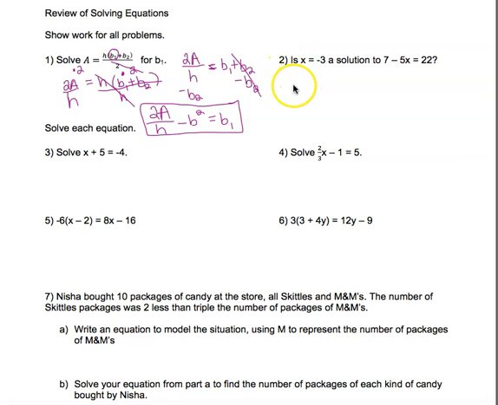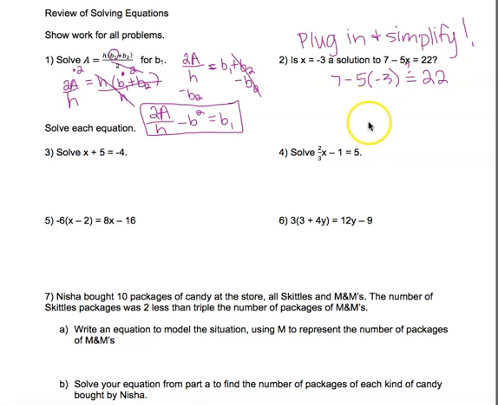Example 2 here, so asking, is this a solution? So whenever we ask, is it a solution, that means we plug in and simplify. So plug in -3 in place of x, so 7 minus 5 times -3 equals, we're trying to figure out, 22.